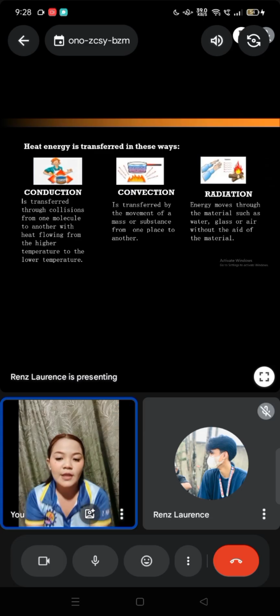In that example, conduction was stated. So when we see conduction, it is directly contacting each other. Directed ra ang iyahang pag-transfer sa heat. So in a material or other substance that is transferred to the heat.